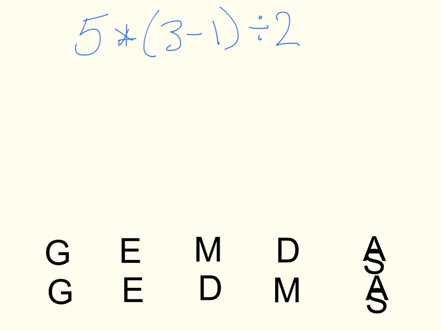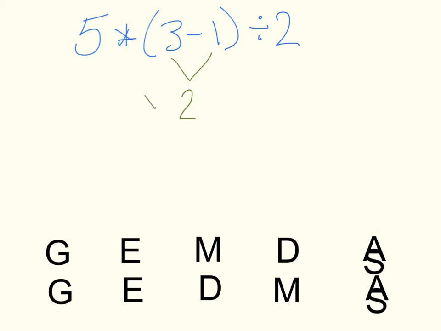So, first thing I'm going to look for are groupings, and I can see right here that I have parentheses. So please make sure that you are writing your work exactly the same as I am, and we're going to talk tomorrow about why I'm asking you to do that. So 3 minus 1 gives me 2. Once there's only one number left from the original parentheses, we can drop our parentheses, so I don't need to draw them around the 2.